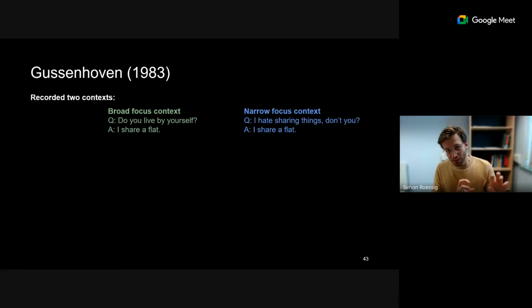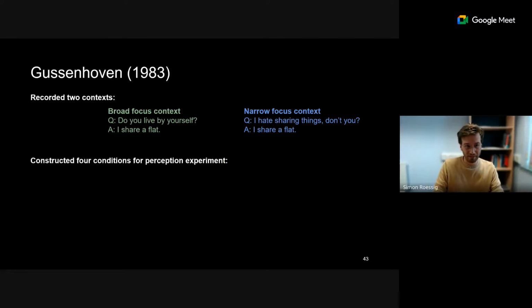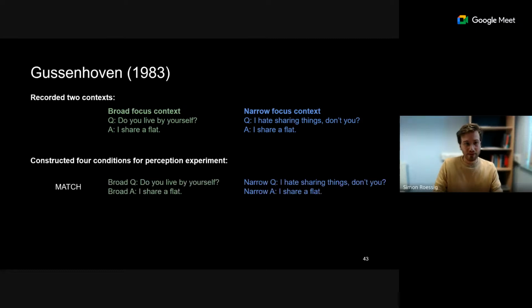He recorded two contexts, one where the sentence is in a broad focus and one where the same sentence occurs with a narrow focus on the object. From these recordings he constructed 4 experimental conditions. In one half of the stimuli, there was a match between the answer and the question in terms of information structure.